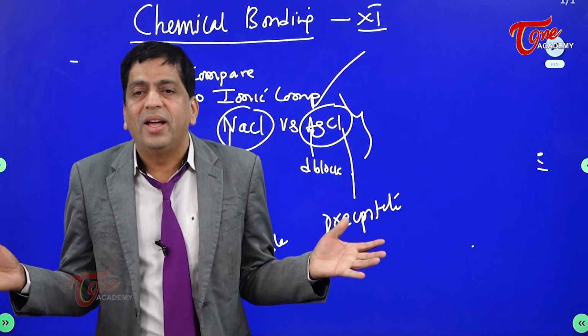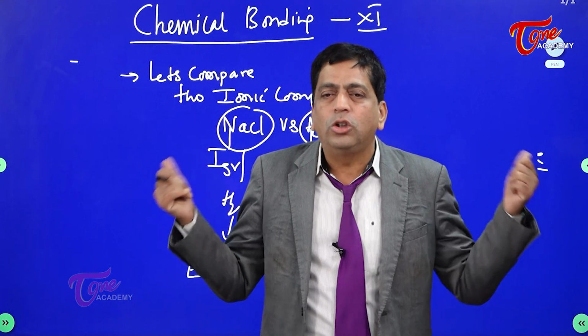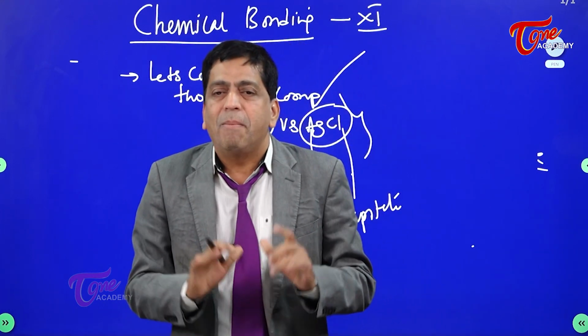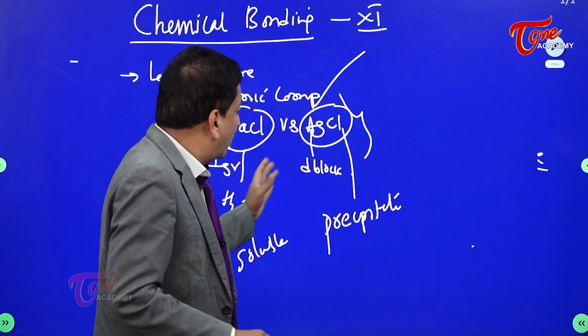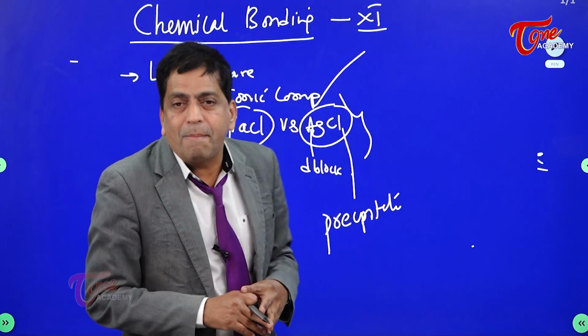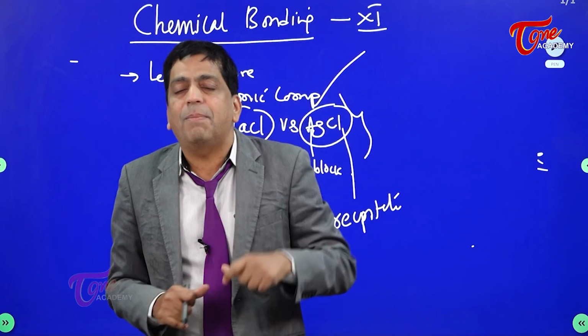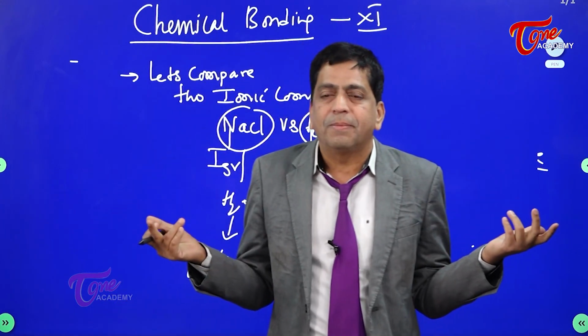Well, that means I have a feeling that even though both are ionic compounds, AgCl is showing some covalent properties. It is covalent substances which are not soluble in water, our teachers told us.